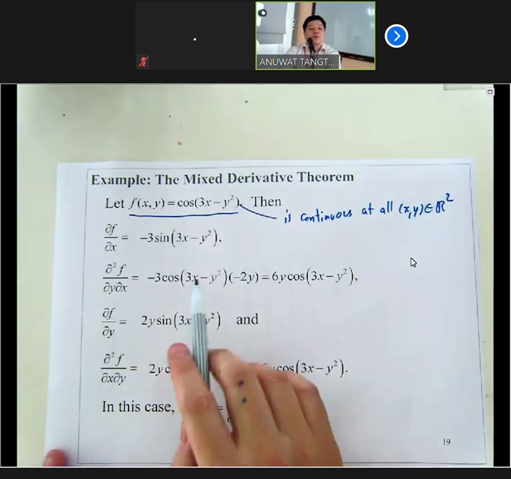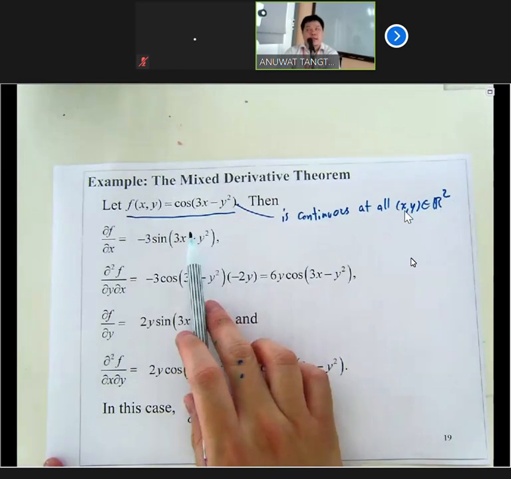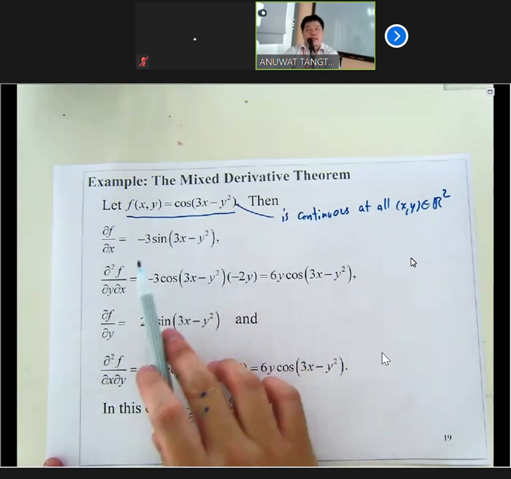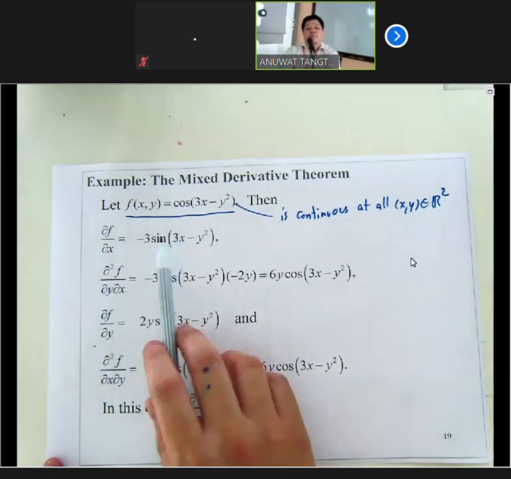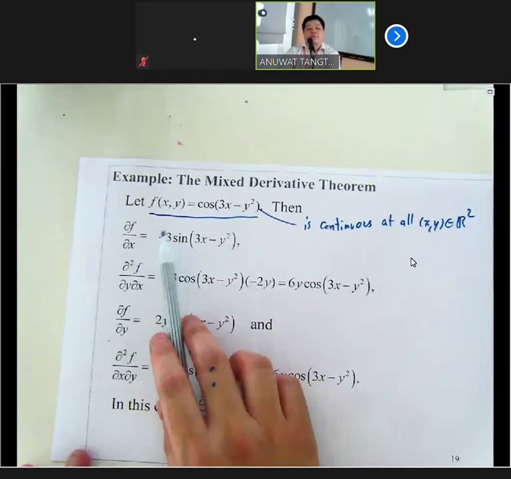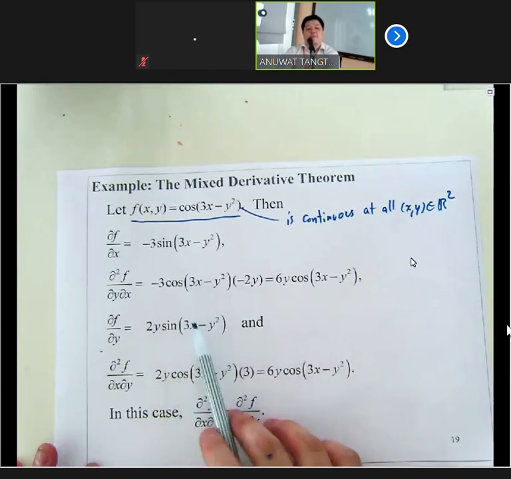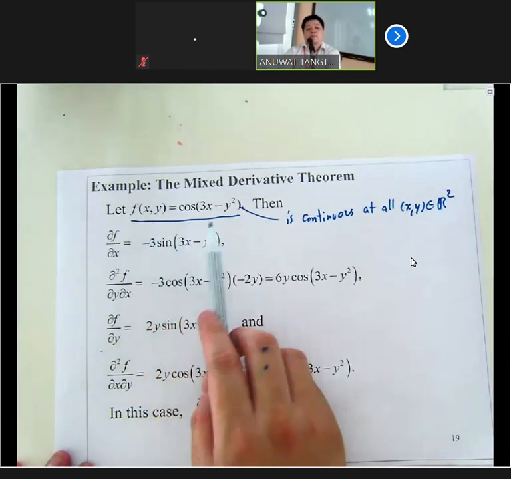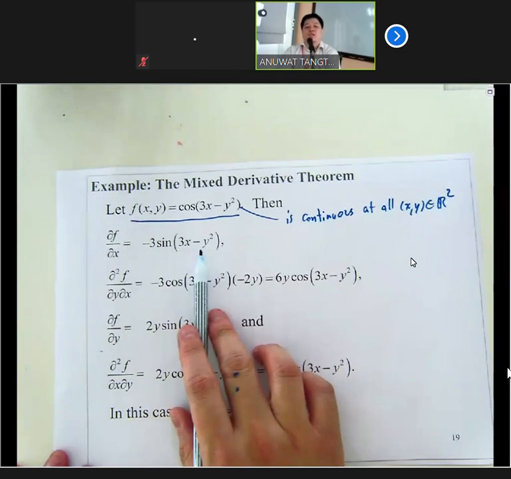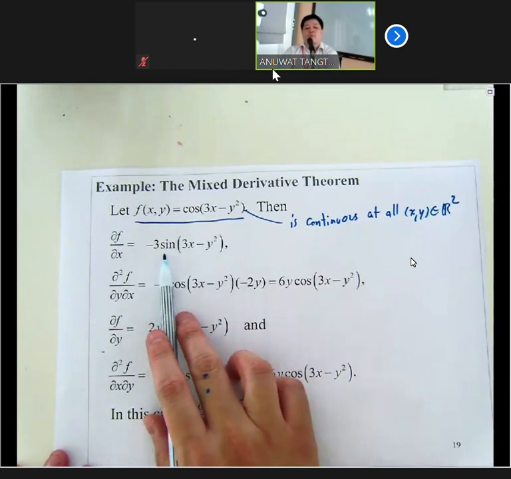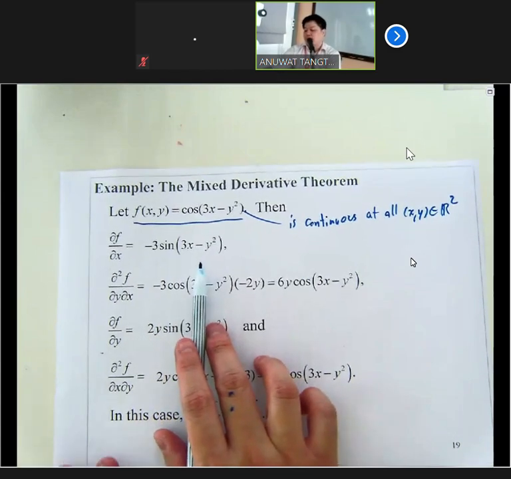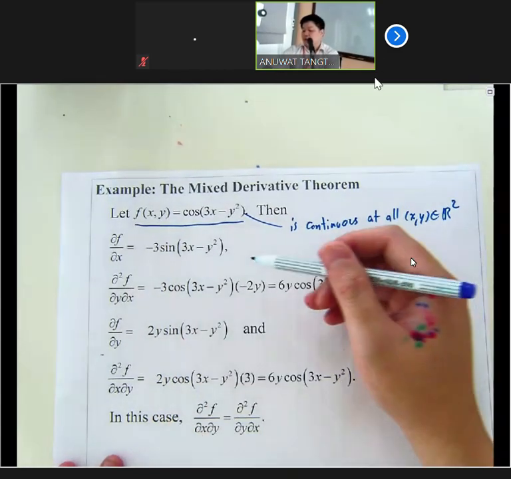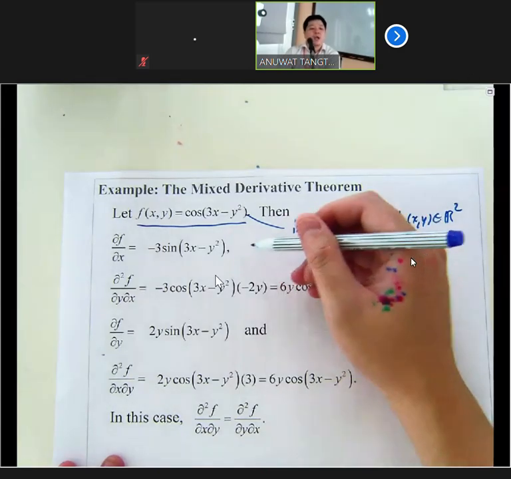And when you find the df by dy and the mixed derivative, you can do the derivative, right? So this one, df by dx is given to be this. Again, 3x minus y squared is continuous. And when we do the composition with the sine function, this is still continuous. So this function is still continuous everywhere.